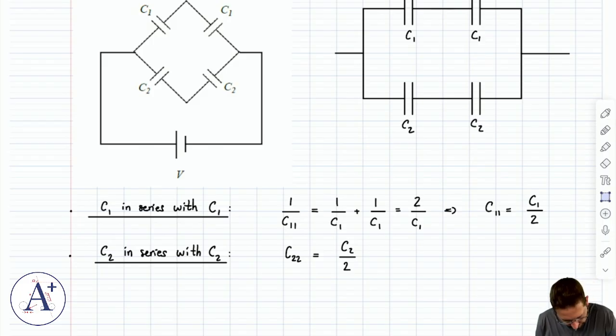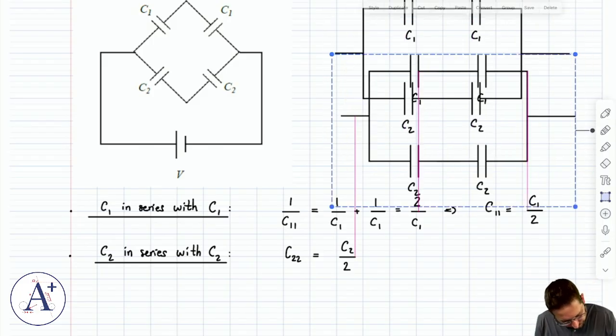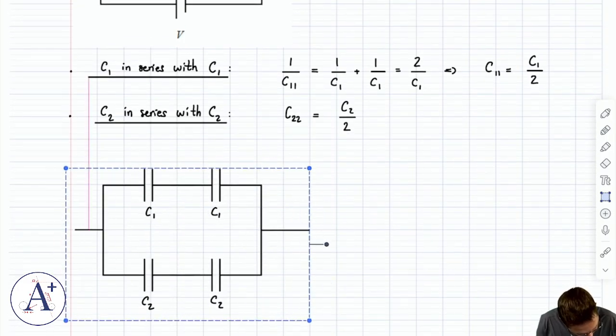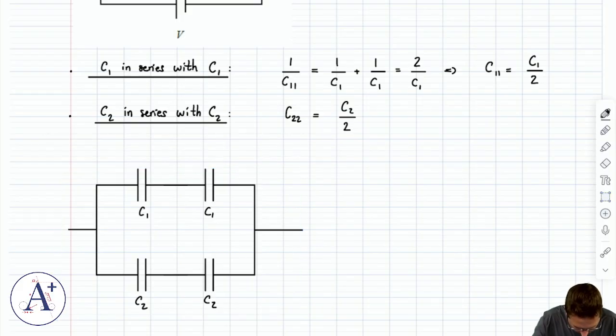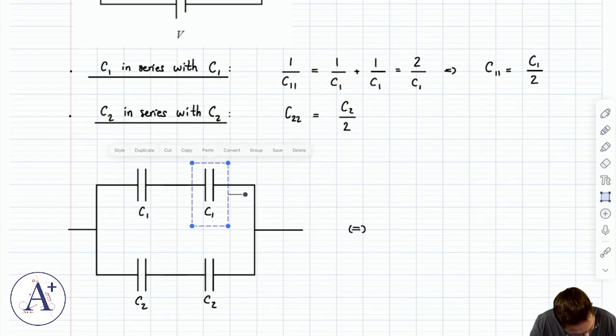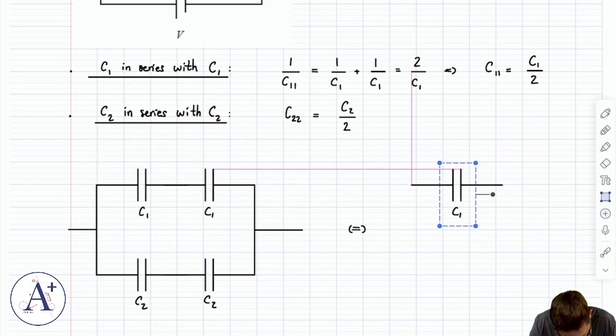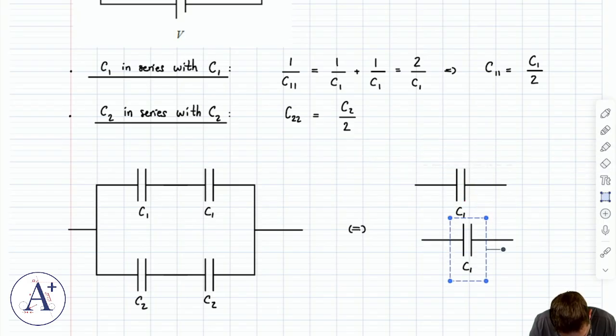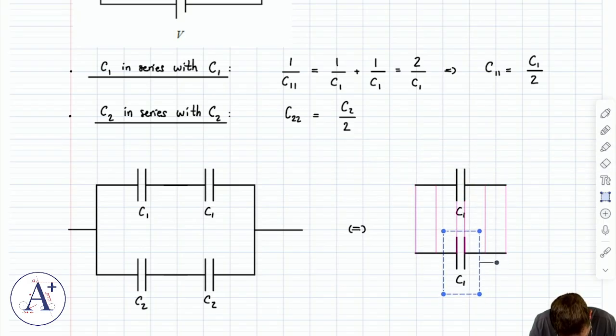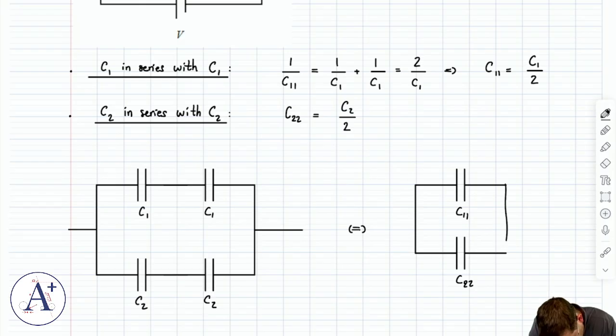Okay, so then this thing here is going to be equivalent to the following arrangement. It is as if I had C11 here and C22 here, connected like this and like this.